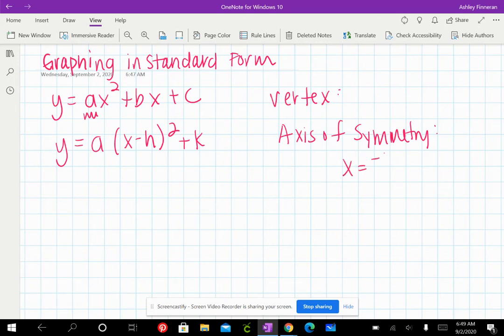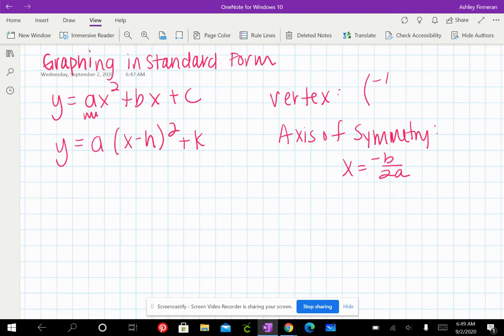So the axis of symmetry is equal to negative b over 2a. That comes from the quadratic formula, and maybe later this year I'll show you exactly where that comes from. But for now, just know that it is a line, so it should be written as a line, and since it's a vertical line, it's x equals negative b over 2a.